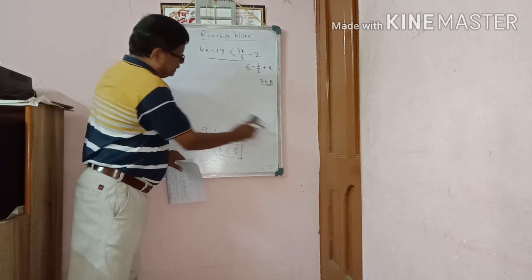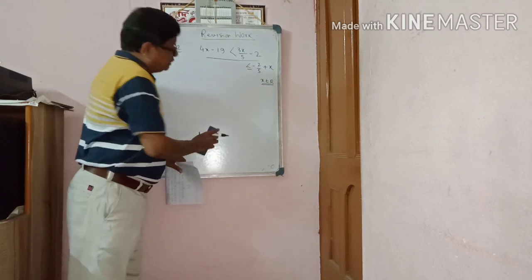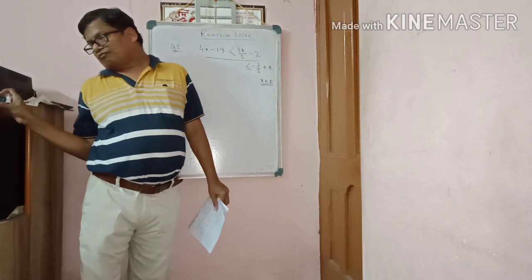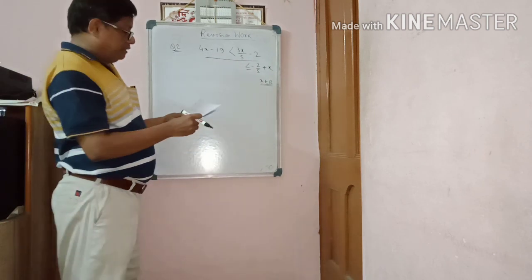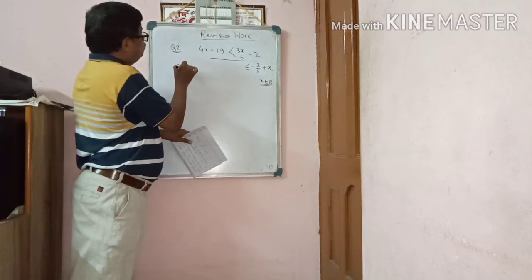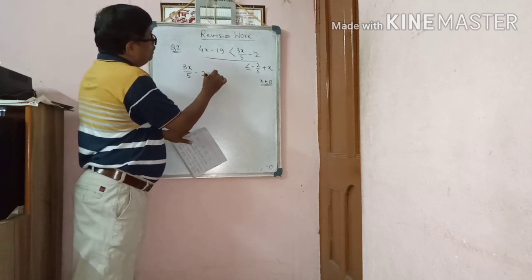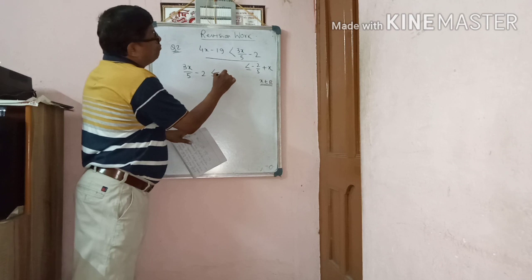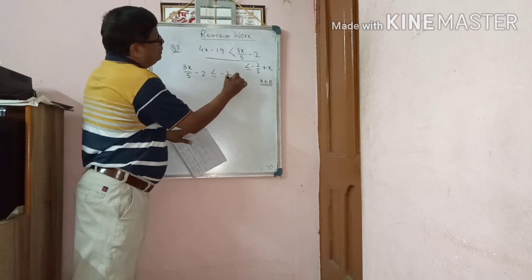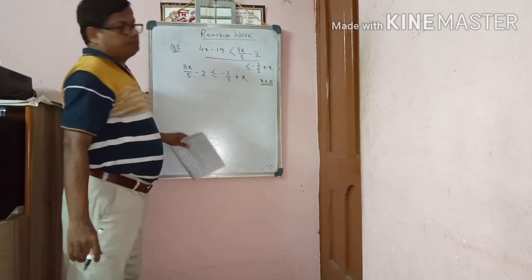Now the second condition I am writing. Write 3x by 5 minus 2 less than or equal to minus 2 by 5 plus x.